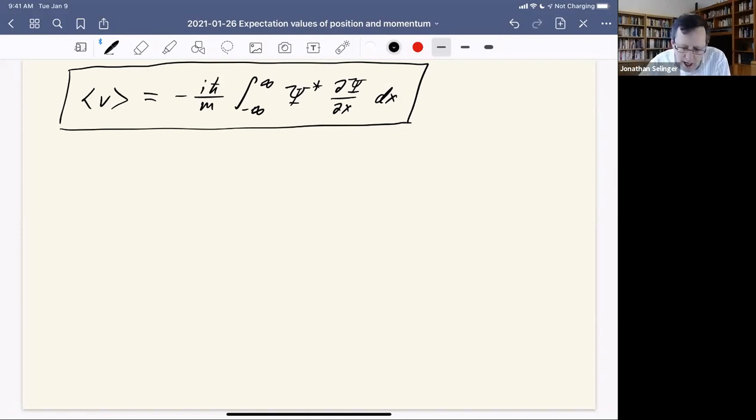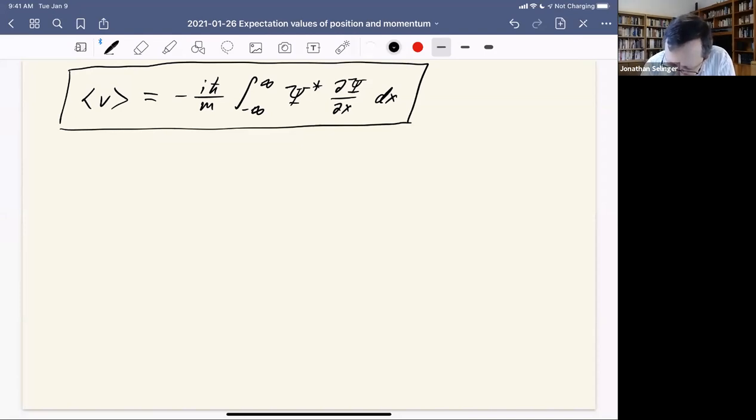Now, people who do quantum mechanics normally don't talk about the velocity. Instead, people normally talk about the momentum. That is a standard thing in quantum mechanics, to think about momentum rather than velocity.